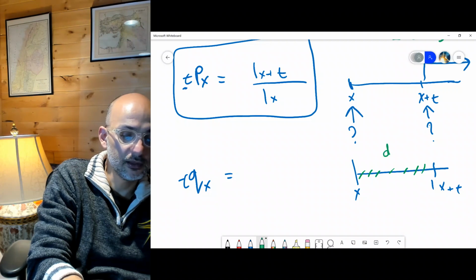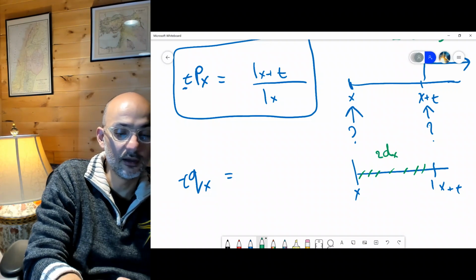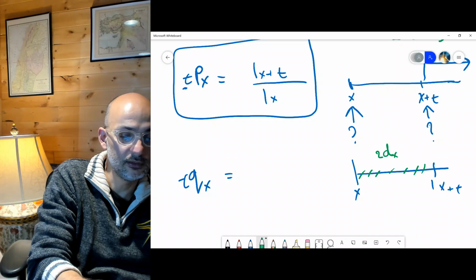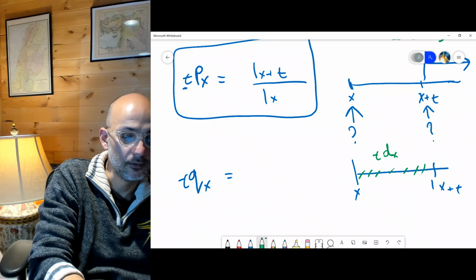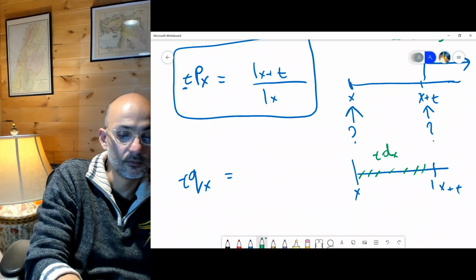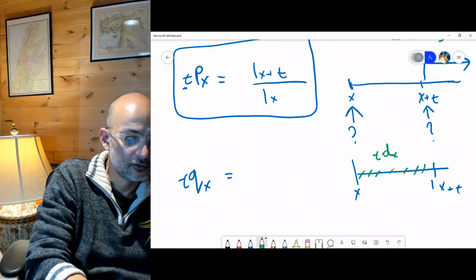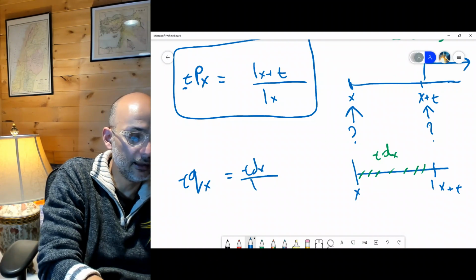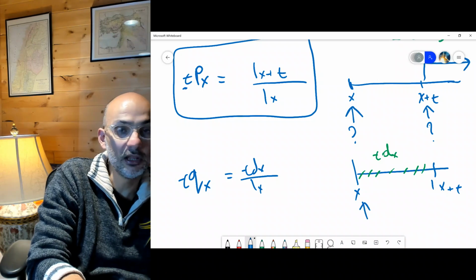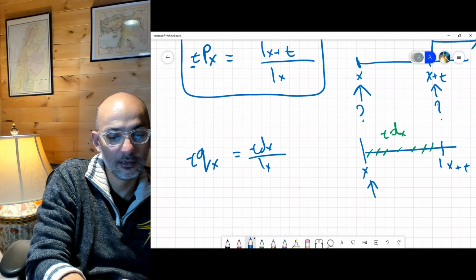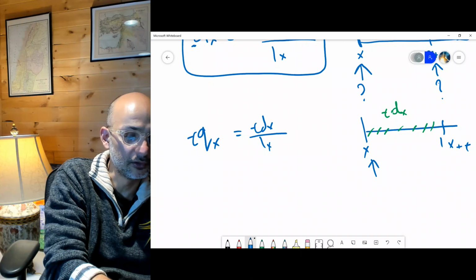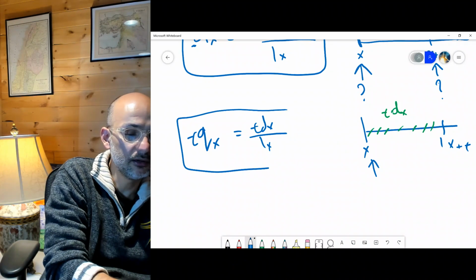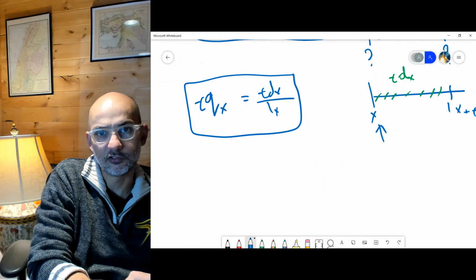You can think about it as t dx, the number of deaths. So you can write it t dx over Lx, because we are looking at how many people died in that specific period. Everything here needs to be memorized. Not much, actually.